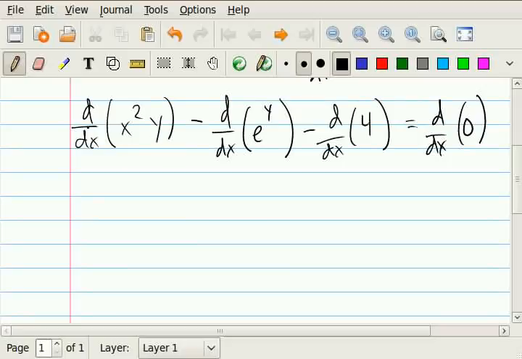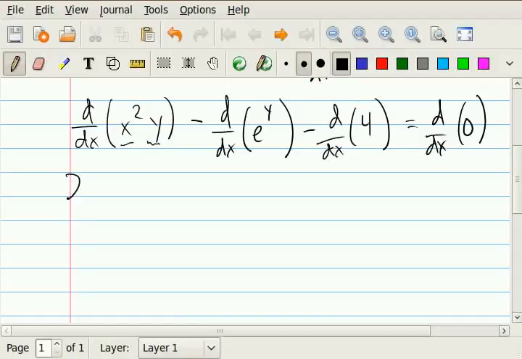Okay, we're taking the derivative with respect to x of x squared times y. Now we can take the derivative of x squared and we can take the derivative of y implicitly. So we have to use the product rule here because we're multiplying those two functions together. The product rule tells you to take the derivative of the first term in the product.